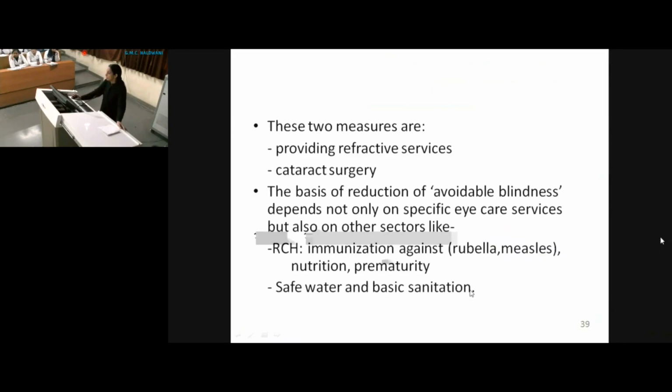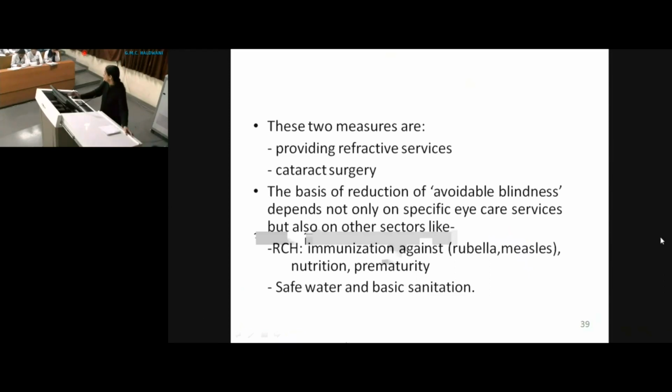The basis of reduction of avoidable blindness depends not only on specific eye care services but also on other sectors like RCH. What is RCH? Reproductive child health. So here if we provide immunization against rubella, measles, right? We give MR, and along with it what are we giving? Vitamin A. So that is important to reduce blindness in childhood. Then nutrition.